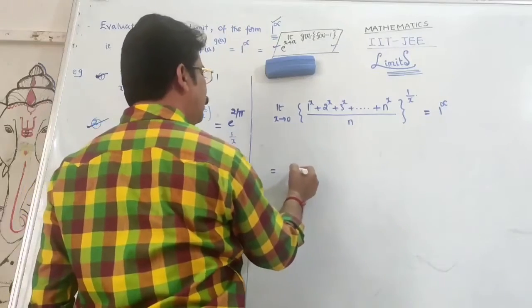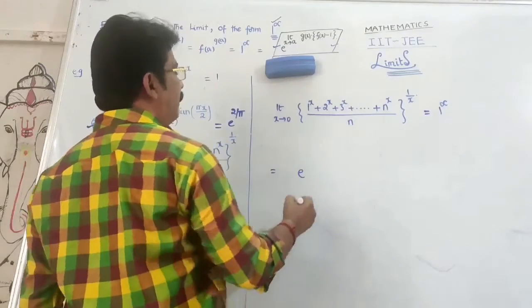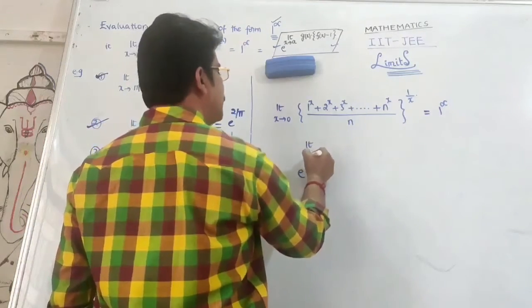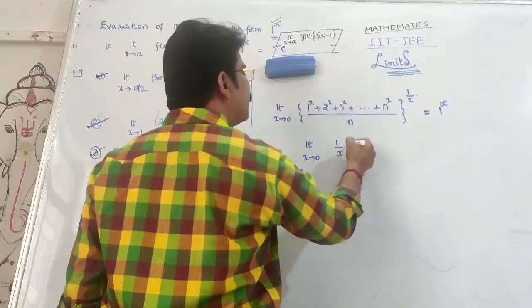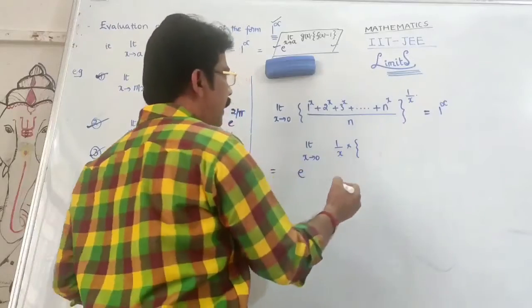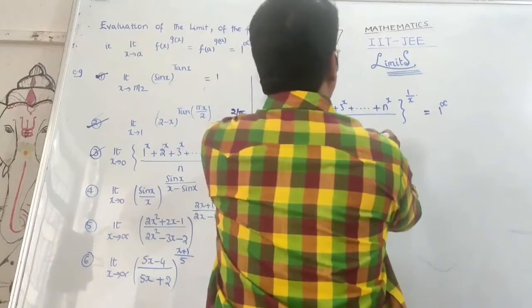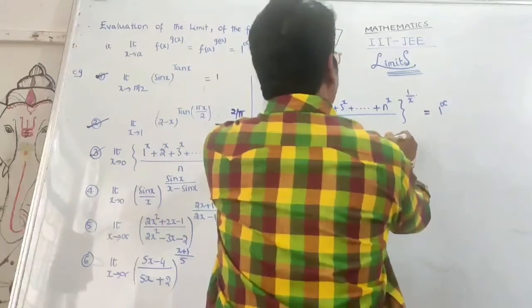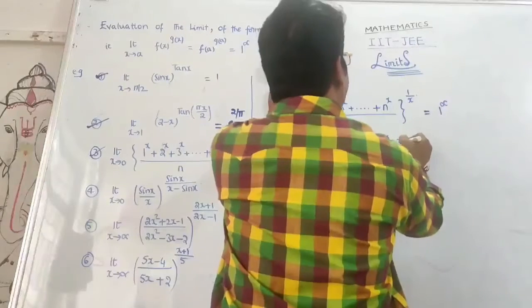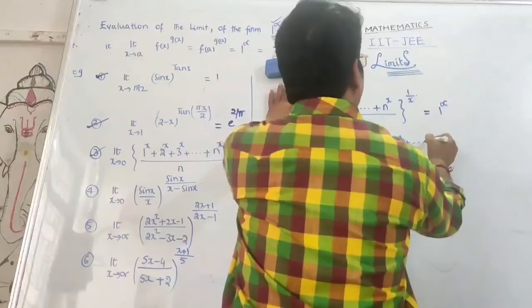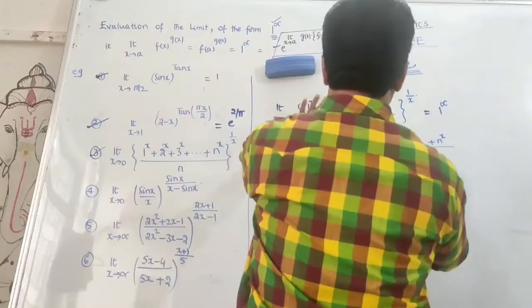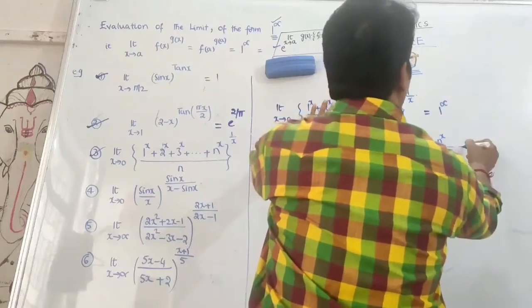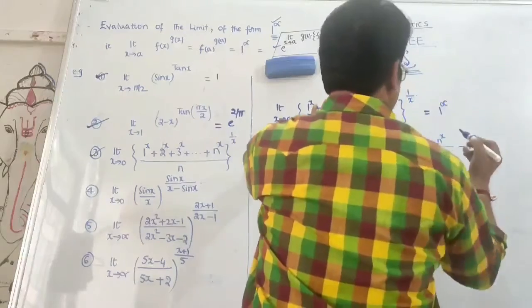So that is equal to e power limit x tends to 0, g of x means 1 by x, into bracket, f of x means this total function, (1 to the power of x plus 2 to the power of x plus 3 to the power of x and so on plus n to the power of x) whole divided by n, minus 1.